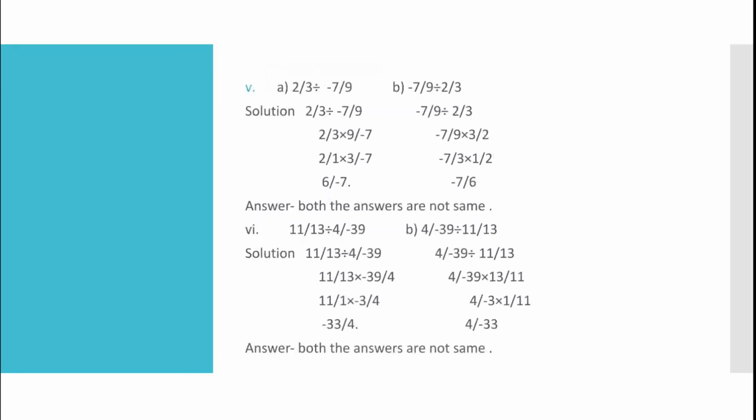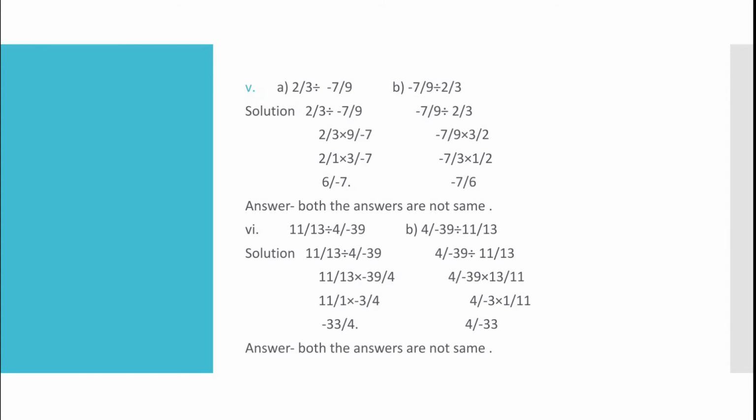Question number 5, A part, 2 by 3 divided by minus 7 by 9. Now here you can see there is a divide sign, so you have to do the multiply. If you do the multiply here, the numerator becomes the denominator and the denominator becomes the numerator, meaning interchanging the values.